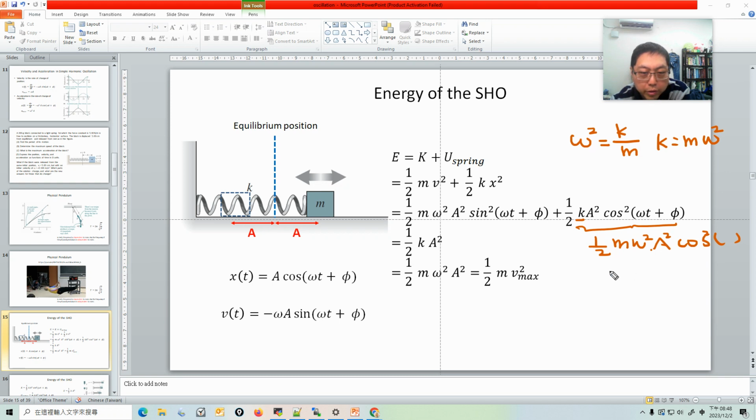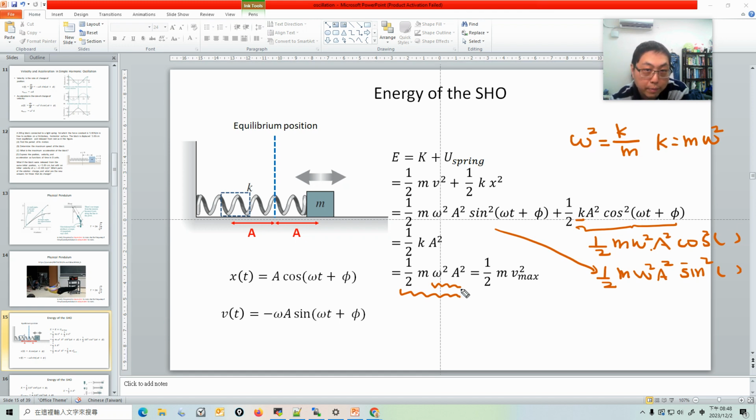And the first term is 1 over 2 m omega squared A squared sine squared. Because we use the same trick, adding these two terms, cosine squared plus sine squared equals 1, we get another result. The total energy is equal to 1 over 2 times m times omega squared times A squared.